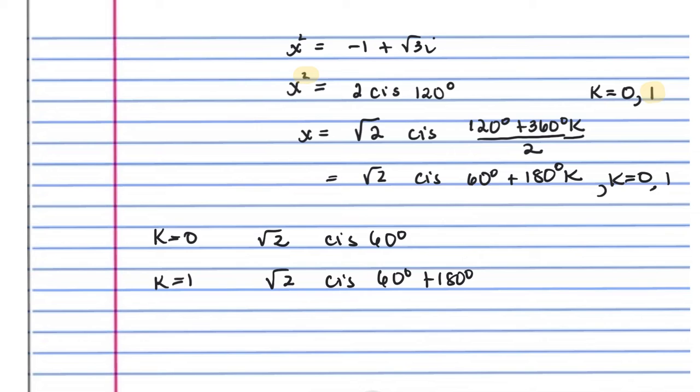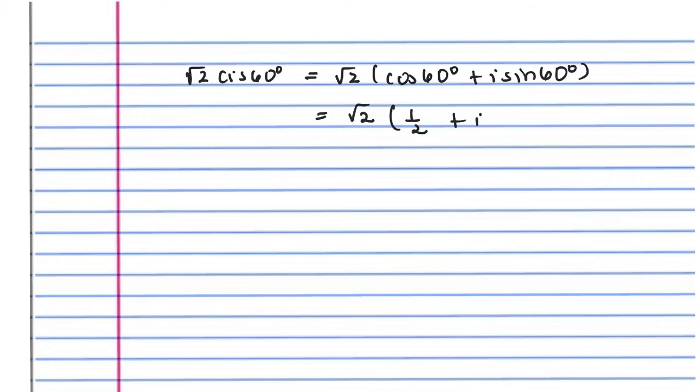And when you add 60 and 180, that gives you root 2 cis 240. Now you could stop here, but they want you to write the values in rectangular form. And so we need to go ahead and do that in the next step. So let's do root 2 cis 60 and root 2 cis 240.